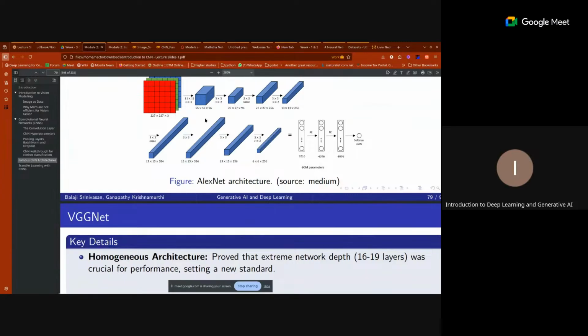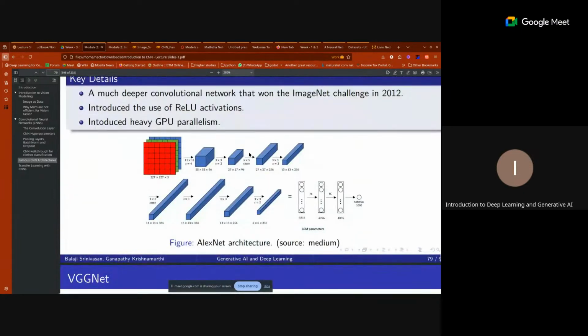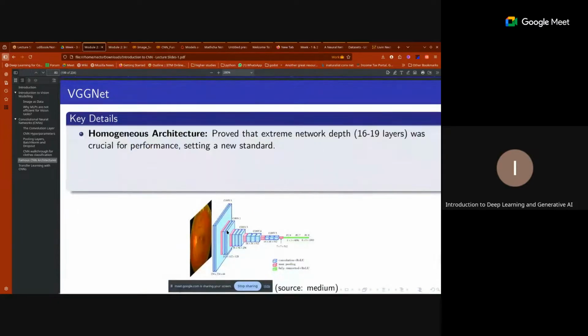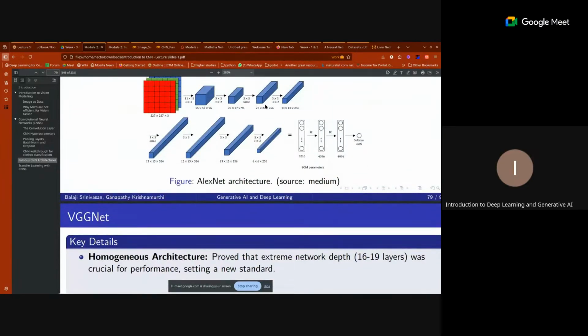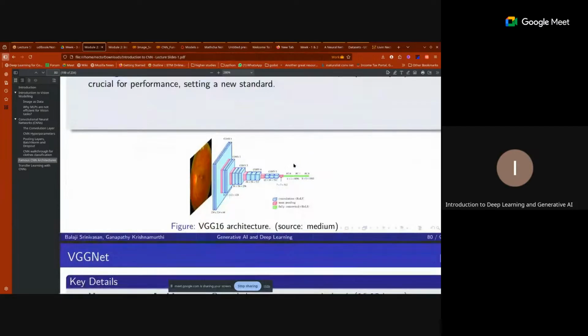And also, what this is doing is keeping the same sizes. The architecture was not varying, giving the same efficiency. That is one thing that this VGG introduced.